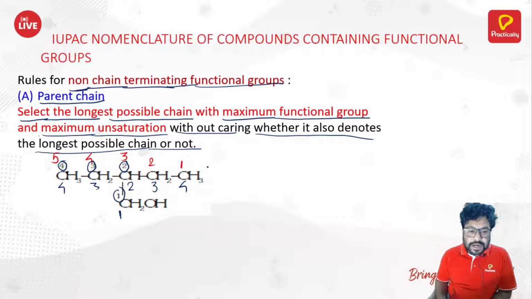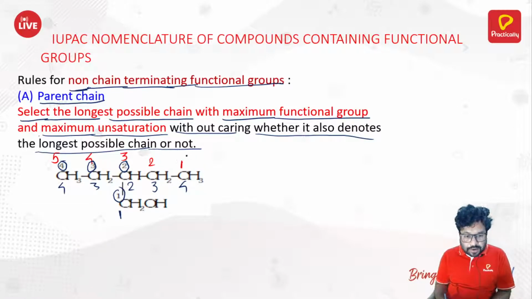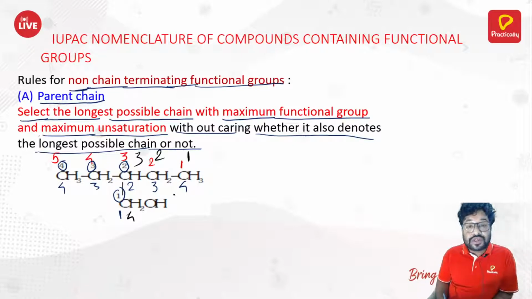In the third possibility, let me change the color again, you might start from here: 1, 2, 3, 4. In that also you are getting 4 carbon atoms. But in this black colored counting, your functional group OH is coming on the fourth carbon.